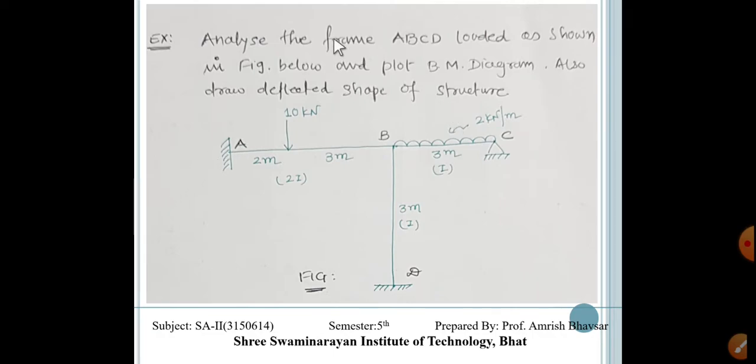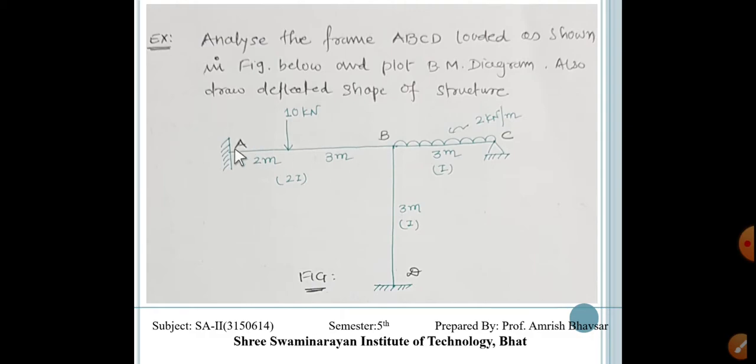For the understanding, I have taken one small example: analyze the frame ABCD loaded as shown in the figure below and plot the bending moment diagram. Also draw the deflected shape of the structure. So here this is A, B, C and D. A is fixed, B is a common joint, C is a hinge joint, and at D it is a fixed joint.